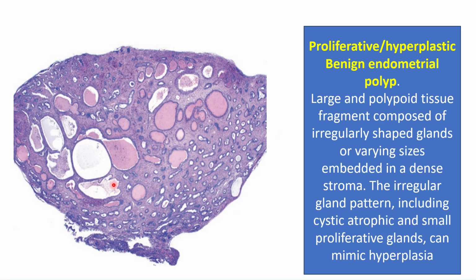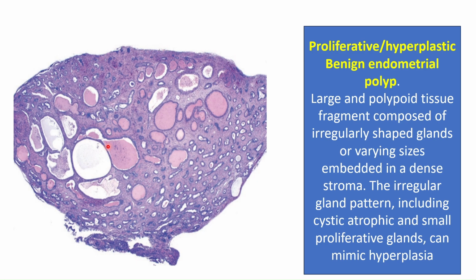Again, large polypoidal tissue. Here there is a stalk to which this polyp is attached to the endometrium, and the surface epithelium is visible here. Some area is devoid of surface epithelium.